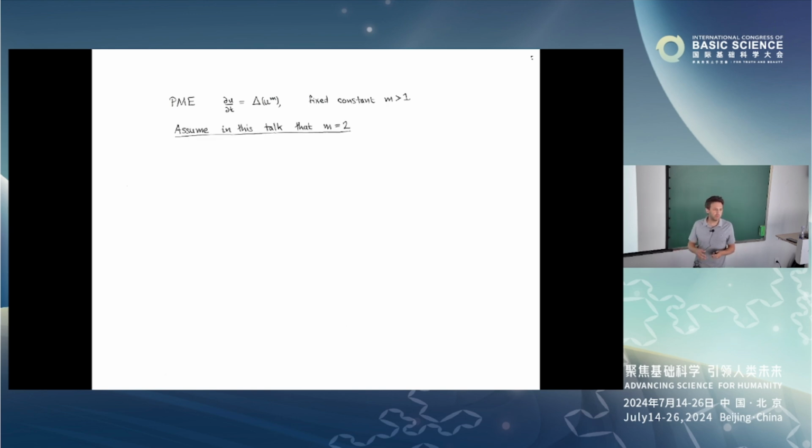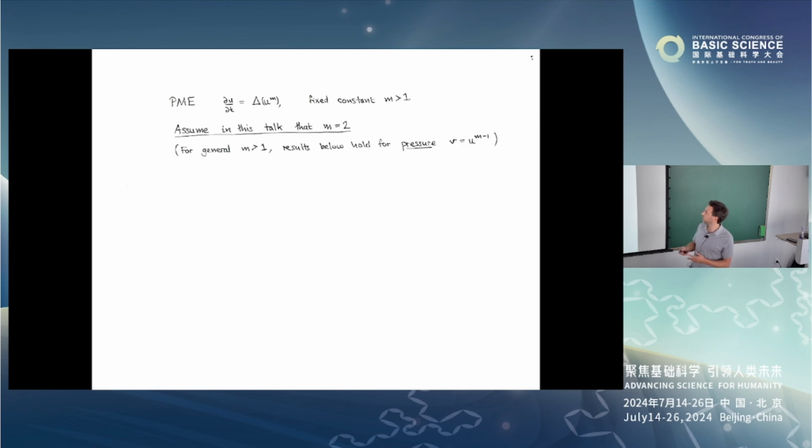And I'm going to assume, for the sake of this talk, that m is equal to 2. It turns out that all the results I'm going to talk about are insensitive to the particular value of m. And there's some advantage in taking the constant m to be equal to 2. If you want to deal with general m bigger than 1, the standard thing is to make a change of variable, and rather than work with the density, we work with something called the pressure.